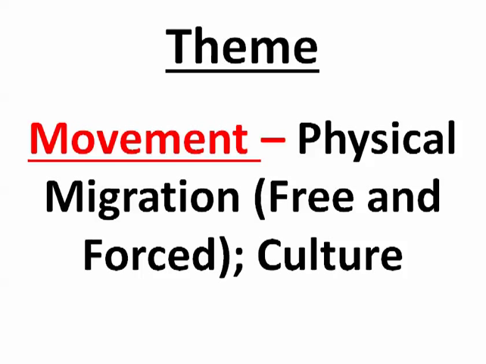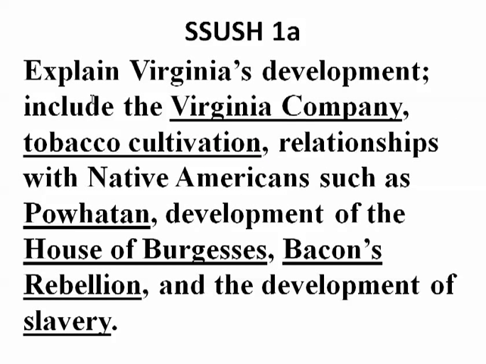So have we met our standards? Let's look at this. It says explain Virginia's development, include the Virginia Company, tobacco cultivation, relationships with Native Americans such as Powhatan, development of the House of Burgesses, Bacon's Rebellion, and the development of slavery.